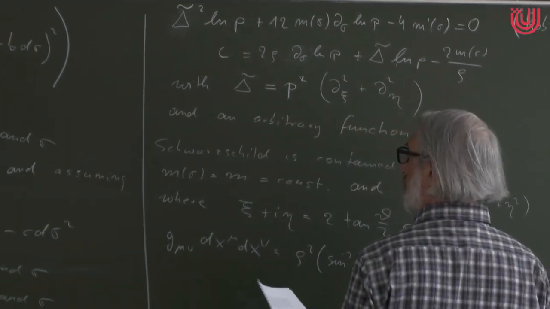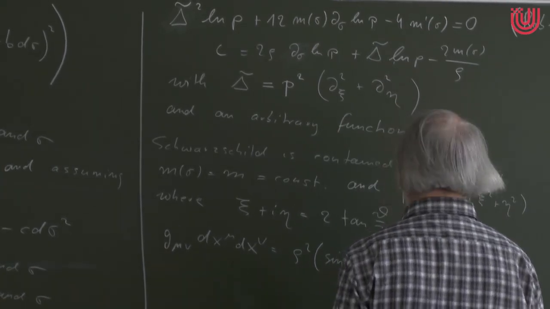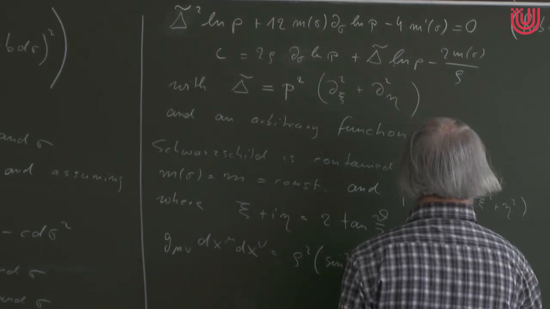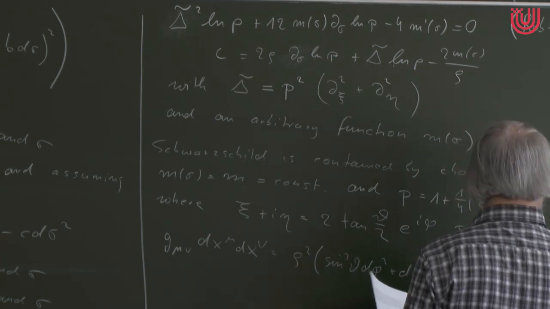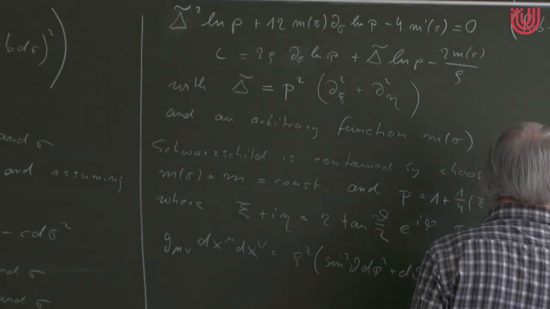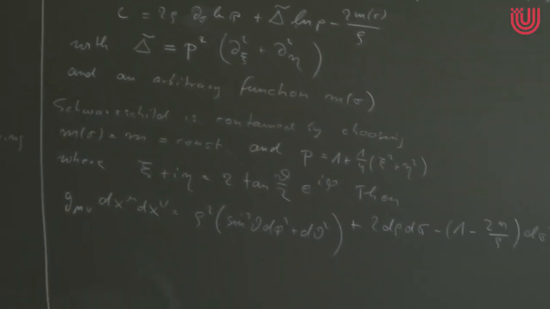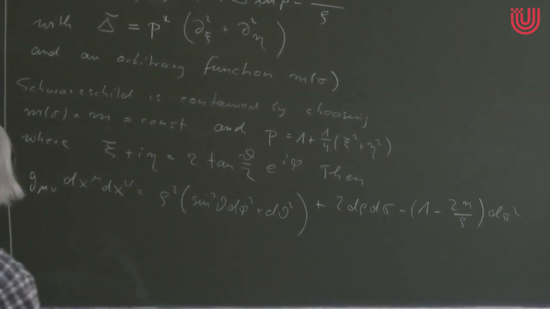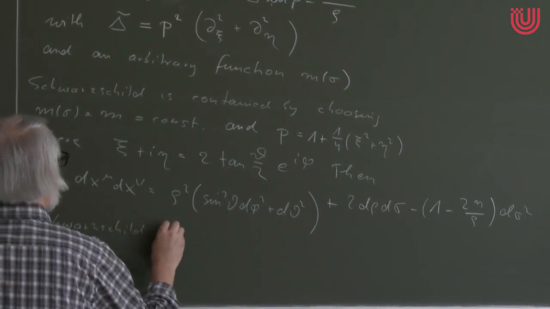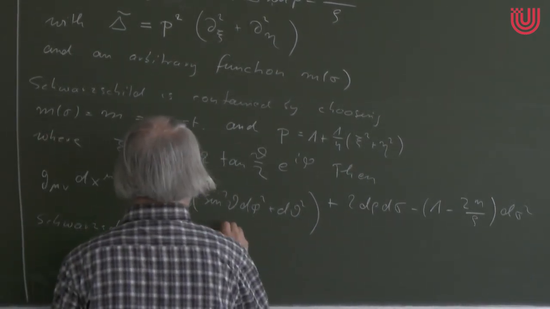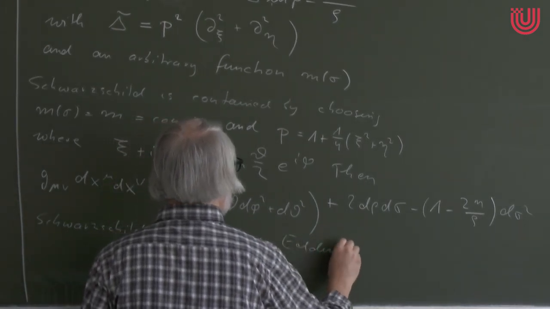It's precisely this term. Plus 2 d rho d sigma minus 1 minus 2m, which is a constant in this case, d sigma squared. And you see this is indeed the Eddington-Finkelstein representation of Schwarzschild. So this is Schwarzschild in outgoing Eddington-Finkelstein coordinates.